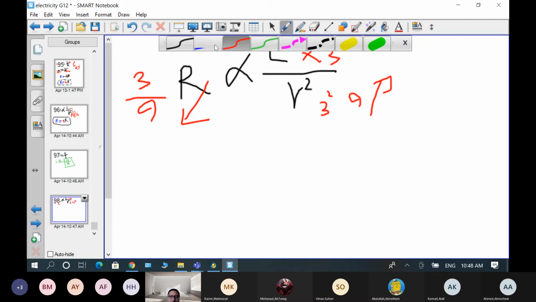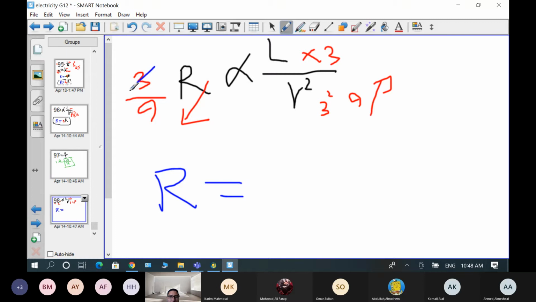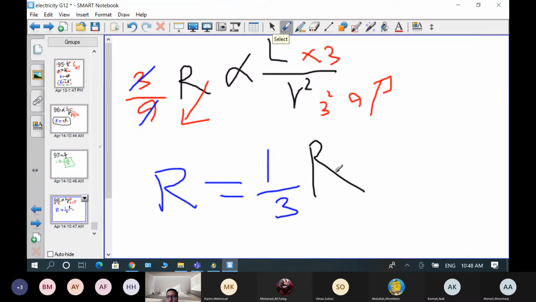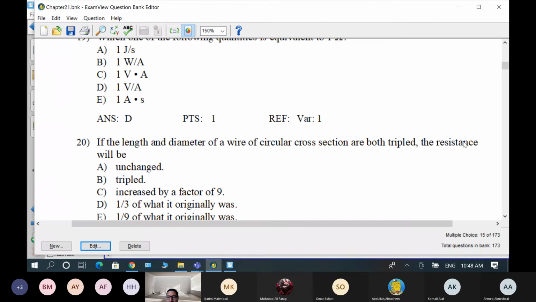So the new resistance, because both of them increased by a factor of 3, we can cancel it out, it's 1 over 3 of the original one. So the resistance will be 1/3 what it was originally. This is the answer. The answer is B.